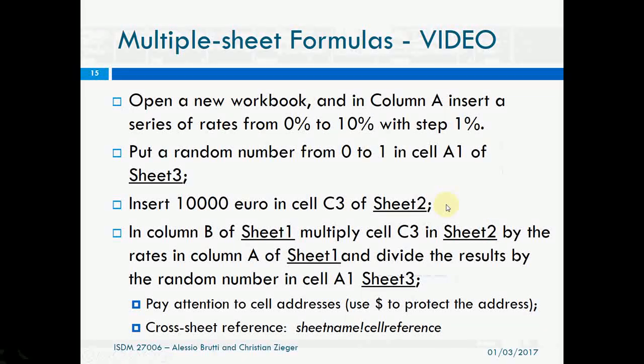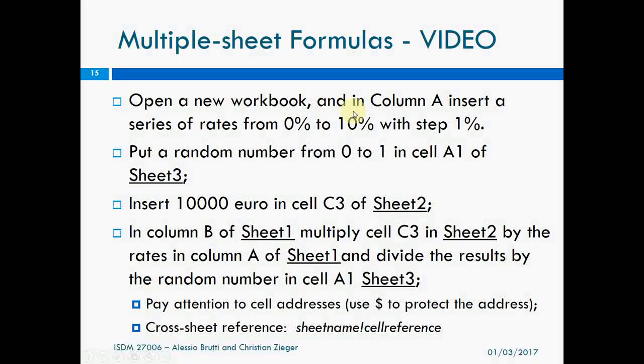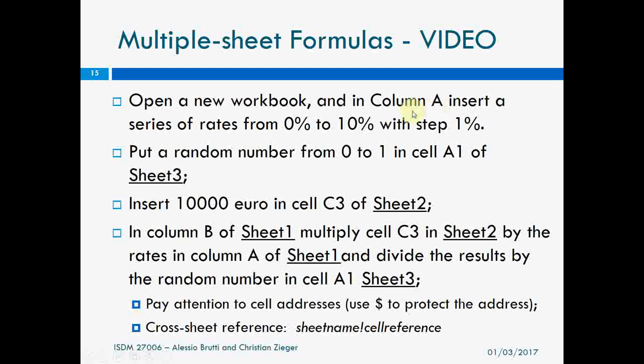This exercise deals with multiple sheet formulas. So let's see how it's possible to insert a formula that is referring to cells that are in different sheets. We need to open a new workbook, and in column A, insert a series of rates from 0% to 10% with a step of 1. Then we need to insert a random number from 0 to 1 in cell A1 of sheet 3.